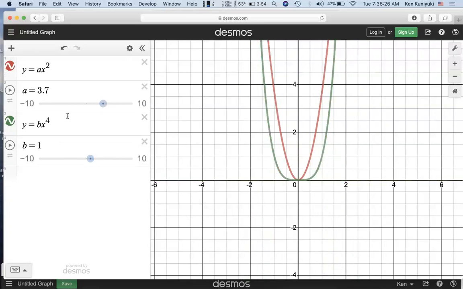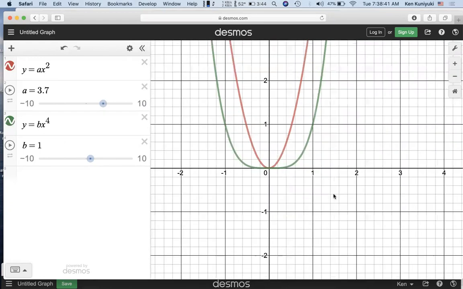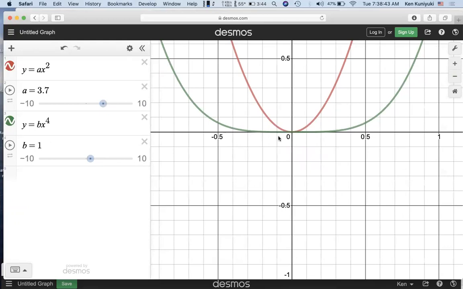Notice that compared to the parabolas, these ax squared guys, these green graphs, y equals bx to the fourth, are steeper far away from x equals 0, but close to x equals 0, if you zoom in, actually the green graph is flatter than the red graph.